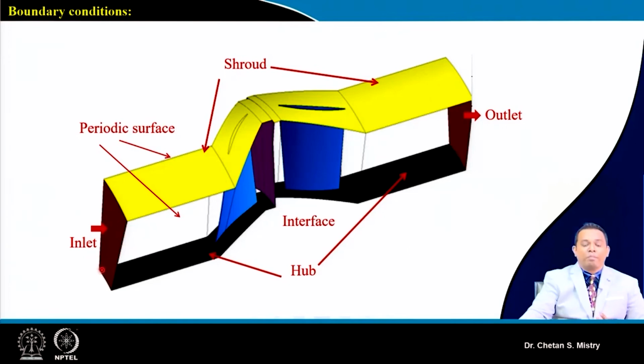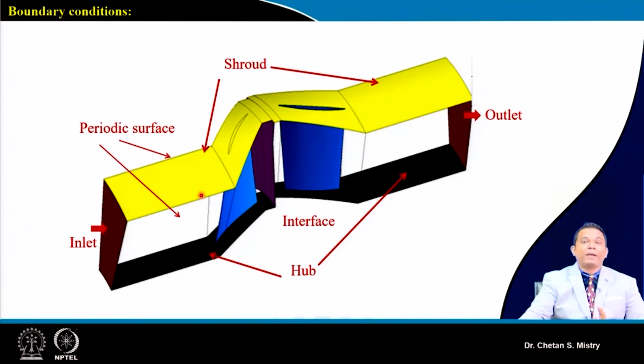Now, the domain we are making needs to be thoroughly understood. Suppose this is my rotor blade, so from the leading edge I need to put my inlet domain 1 chord or 1.5 chord upstream, so that the flow goes inside my rotor blade, and that gives us what we are looking for.